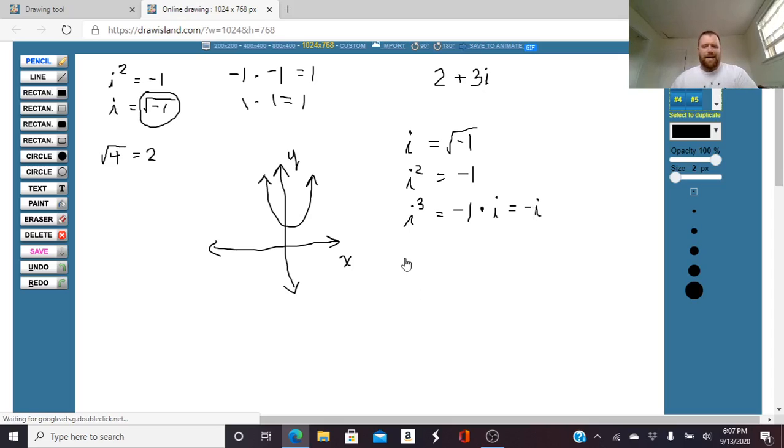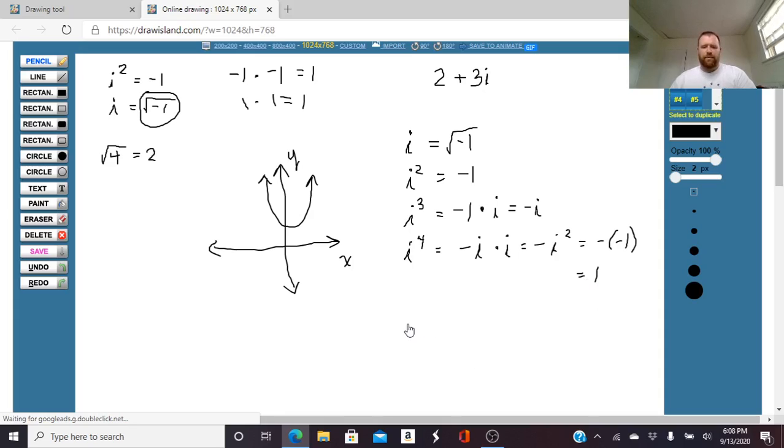Okay. i to the 4th power is equal to i cubed, so negative i, times i, which is negative i squared, which is equal to the negative of negative 1, which is equal to just positive 1.